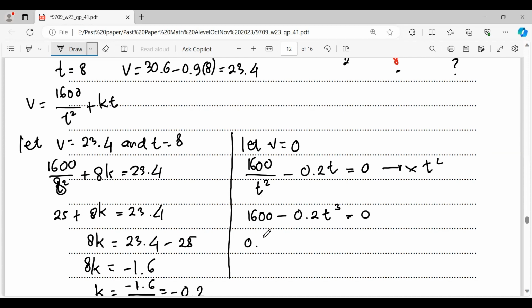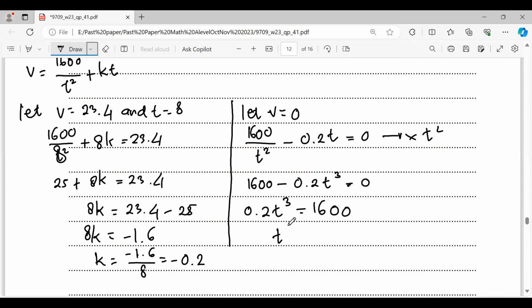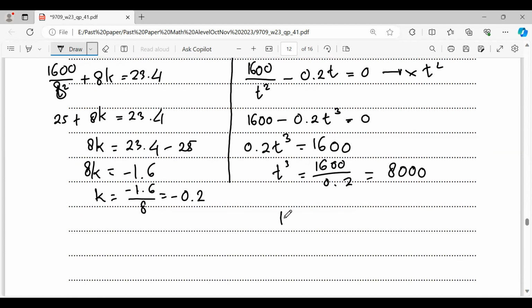And 0.2t cubed equals 1600. The t cubed equals 1600 over 0.2. It is 8,000. So t equals the cube root of 8,000, it is 20.